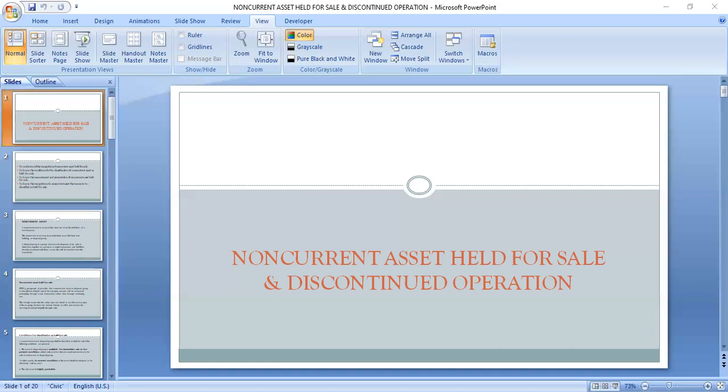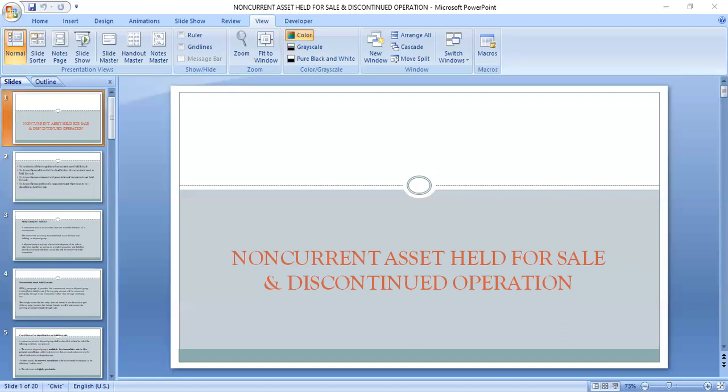Now we have the revalued asset classified as held for sale. When an entity adopts the revaluation model for the measurement of assets, any asset classified as held for sale should be revalued to fair value immediately prior to the classification as held for sale. The additional revaluation surplus is equal to the fair value at the classification date less the carrying amount at that date.